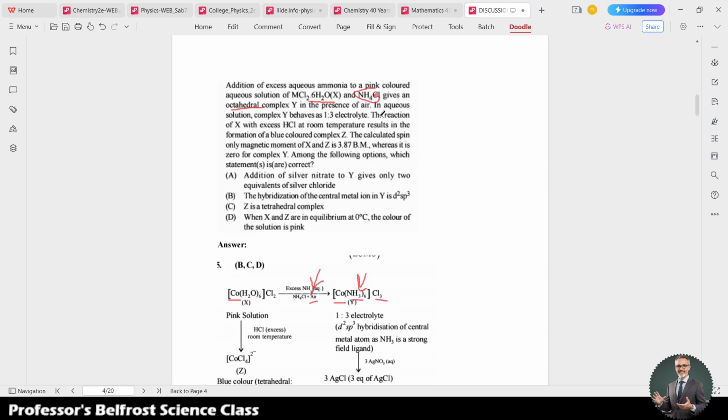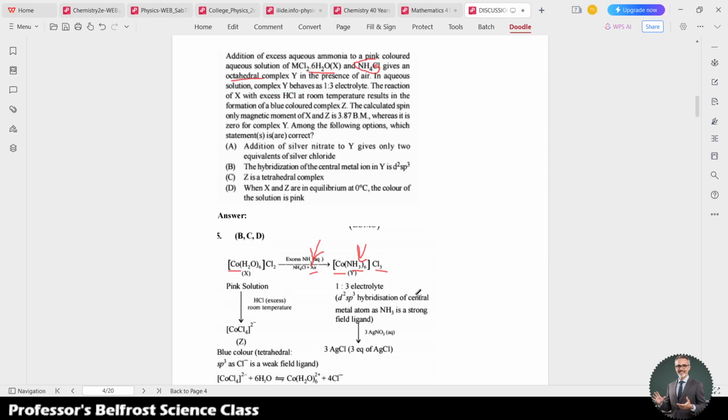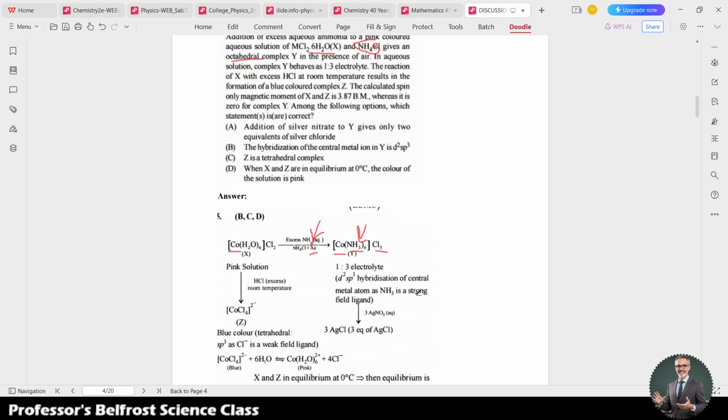The reaction of X with excess hydrochloric acid at room temperature forms the blue colored complex Z. In excess hydrochloric acid at room temperature it becomes this ion, the Z species, the cobalt chloride ion.